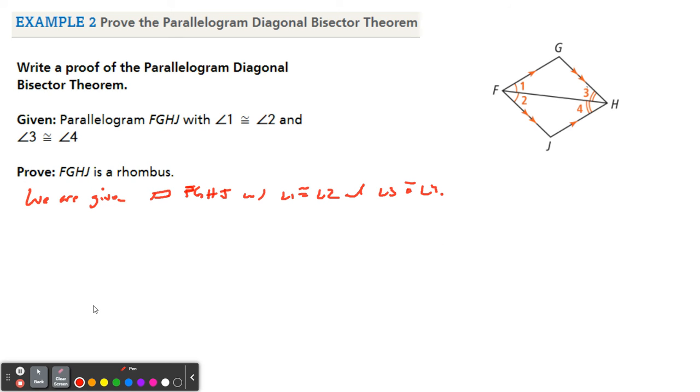So right now, between these two triangles, we have one pair of congruent angles and two pairs of congruent angles. If you look here, FH is the side that is shared between them. So segment FH is congruent to itself by the reflexive property.